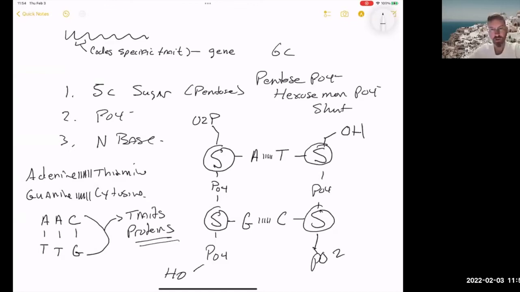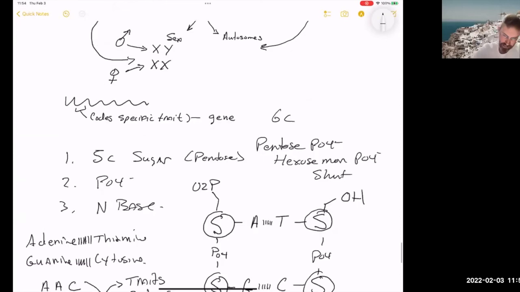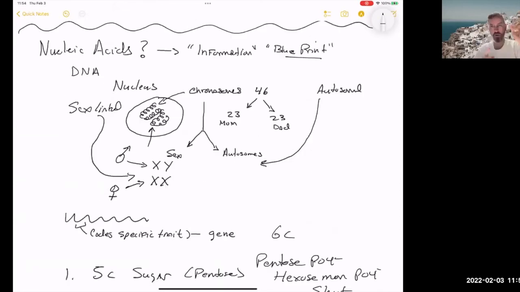Encoded within the A's, the T's, the G's, and the C's are the instructions for making proteins, right? Now, these instructions are all wrapped up in these chromosomes, and these chromosomes are wrapped around protective proteins called histones, and it's all packed in there and protected, right?